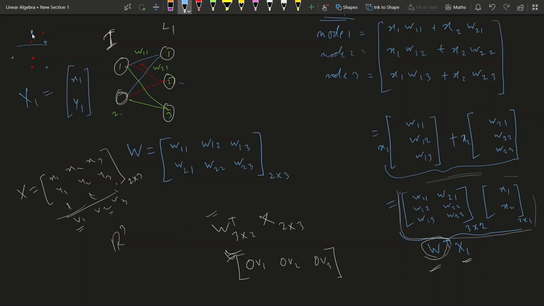Consider this. Applying a linear transformation to all these points, you might get something like this. This is one of the possibilities. But with a linear transformation, you will never get two blue points over here and then red points over here. This cannot happen with a linear transformation.